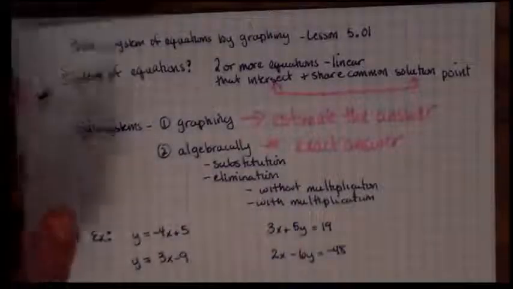So let's start with graphing, and we'll start with our first example. We want to graph y equals negative 4x plus 5, y equals 3x minus 9. This is our system, and we want to find that solution. So first we're going to need to make a coordinate plane.